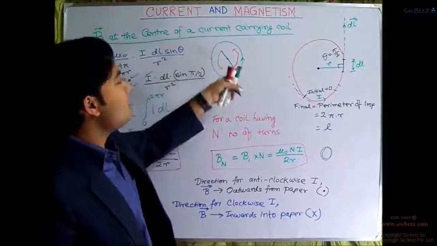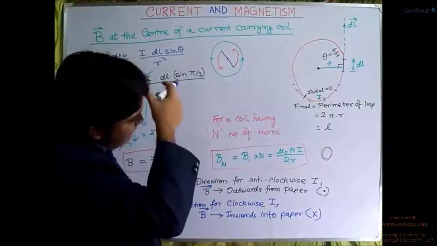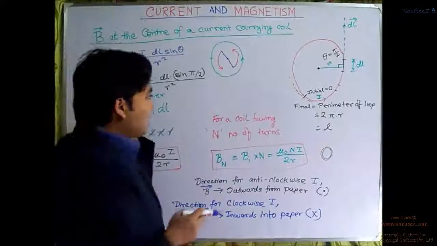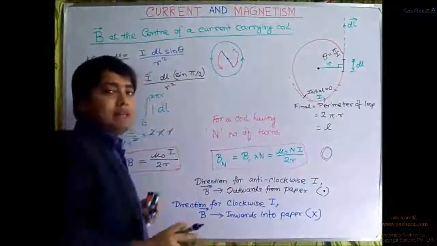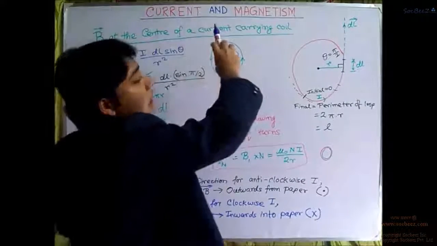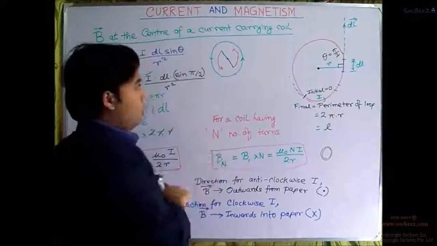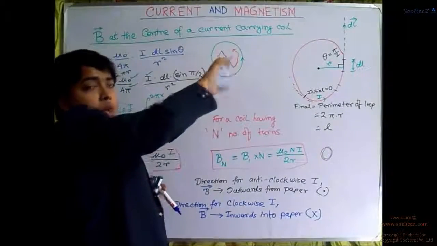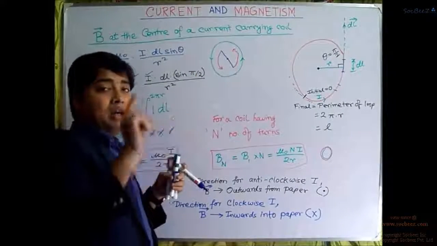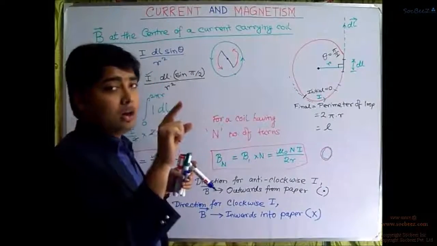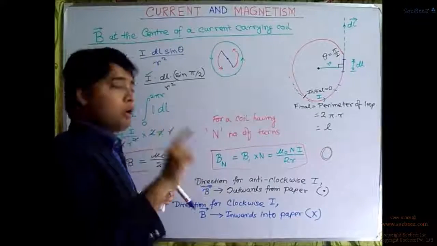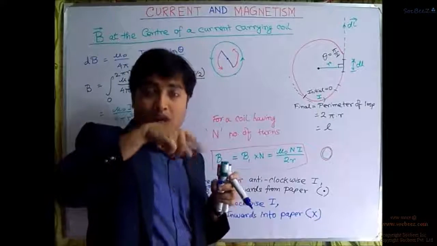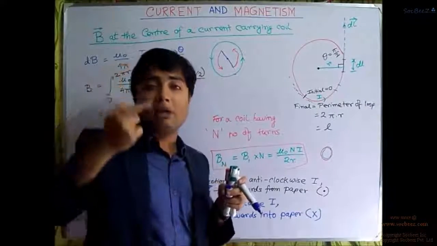See, this is N. So this is the North Pole. If we see that the I is anti-clockwise, it means that we are seeing the head of the North Pole. Within a bar magnet the magnetic lines of force flow from south to north, not from north to south, because they flow from north to south only outside the bar magnet.